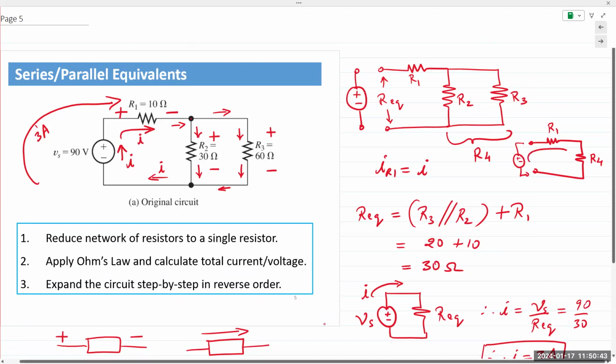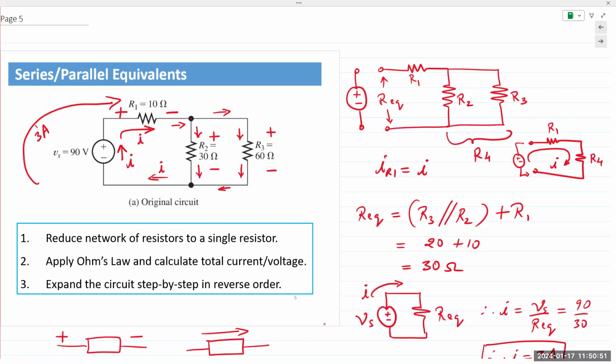So I is going through R4 also. Make sense? Same current I. Physically, it's being split in two. But mathematically or theoretically on paper, we can say the same current I is flowing through R4. Again, R4 is the parallel combination of R2 and R3.